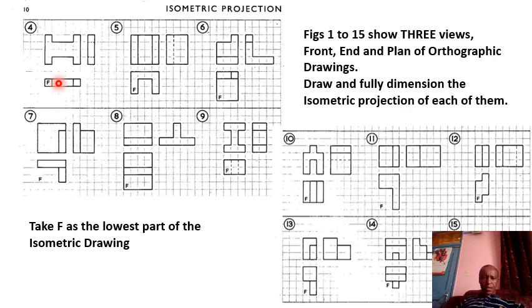So you can see that number 4 has three views of orthographic drawing, and all the other drawings have the same setup, where you are given three views: front elevation, end elevation, and plan. Front and plan, front and plan. How do we know that this is front elevation?